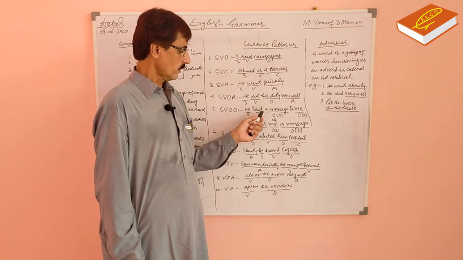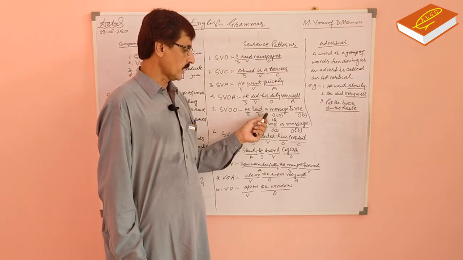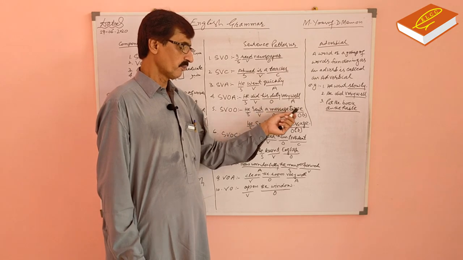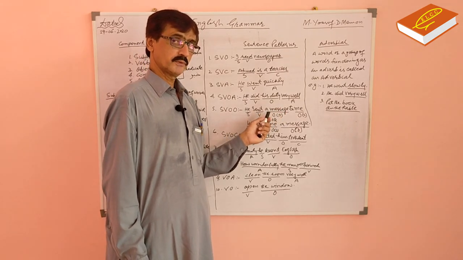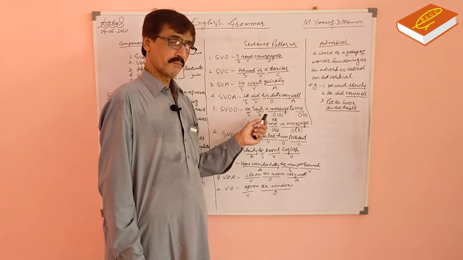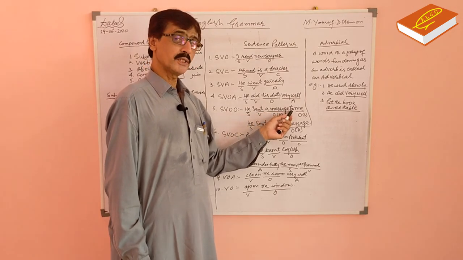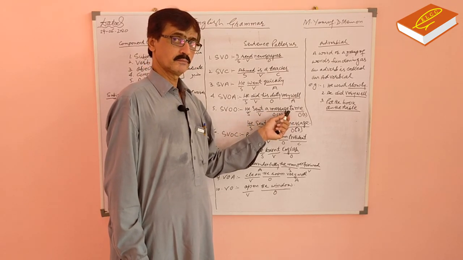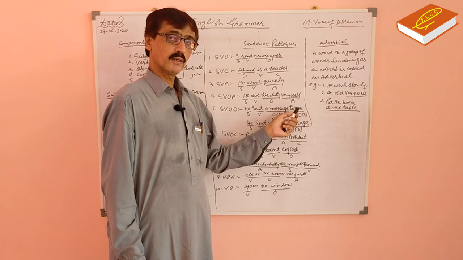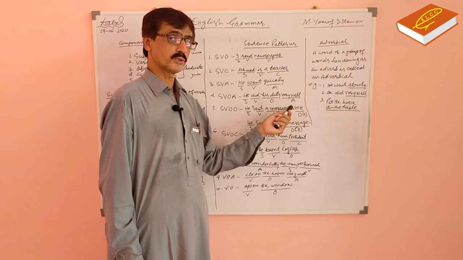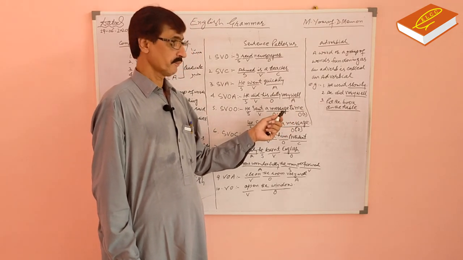If we put the direct object before the indirect object and after the verb, then we will need a preposition before the indirect object when it is used after the direct object.